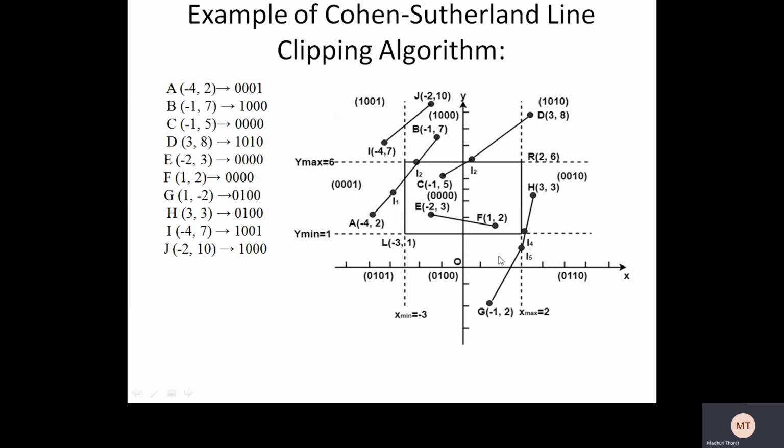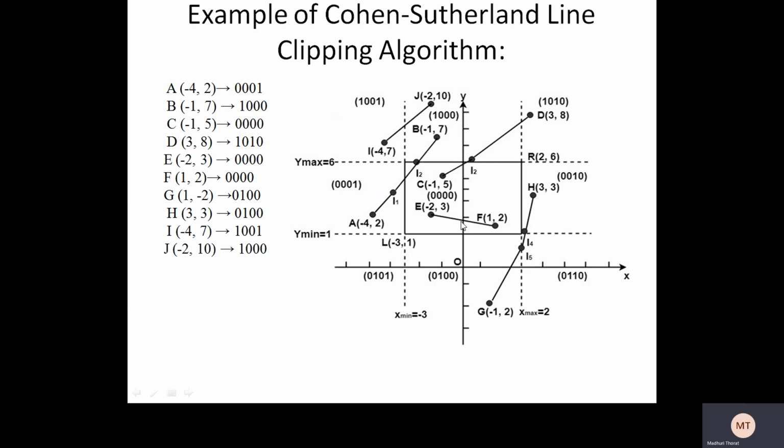So we are calculating a bit value for each and every point. For point C we get 4 times 0. For point D we get 1010. For point E 4 times 0. Why 4 times 0? Because it lies in the middle part of the coordinates, so we directly decide that it is inside the polygon.